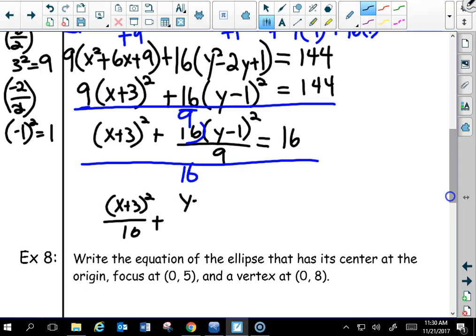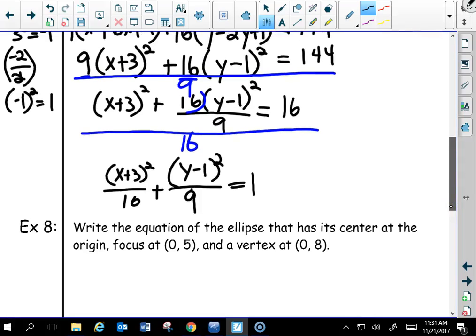I get y minus 1 squared over 9. And 16 divided by 16. Wow, that worked out really nice. Yeah, they usually will. All right, so I'm going to just take a moment to rewrite my denominators as numbers squared.